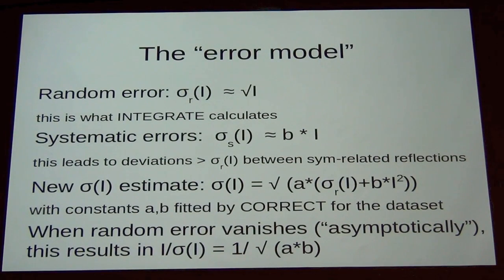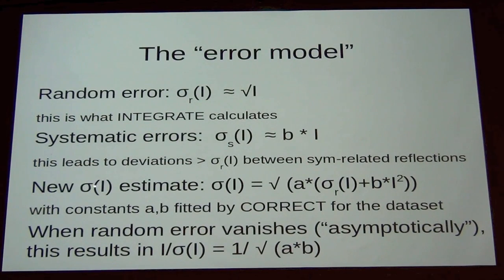So in reality, we find deviations between symmetry-related reflections that are normally bigger than the random error would predict. This is why we have to introduce the systematic error term into our error model.